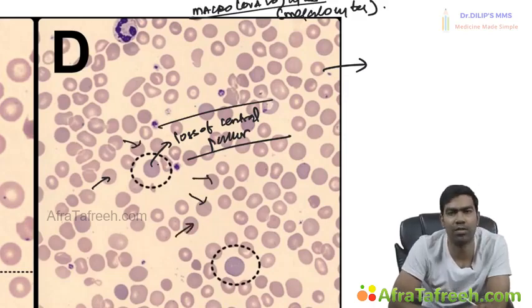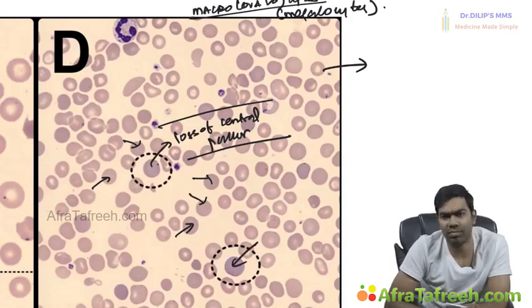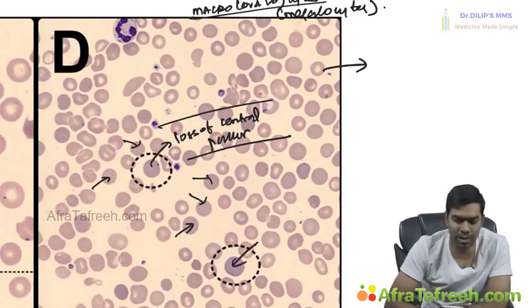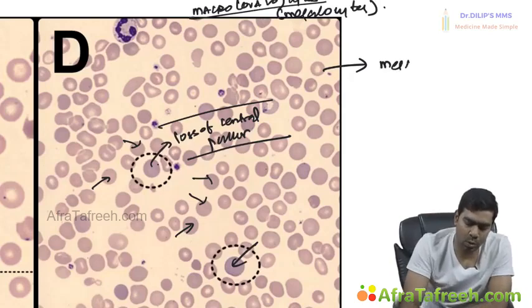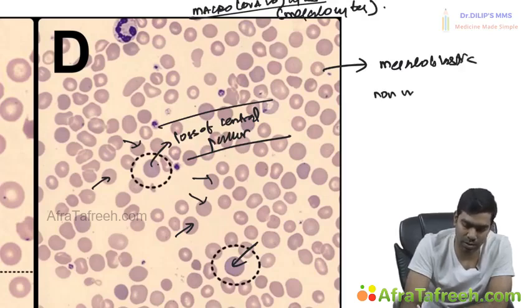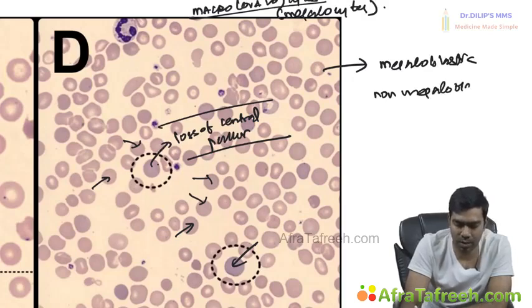These are all examples of a macrocyte, and they will be more hyperchromic compared to the usual RBCs. Typically, you can have two types of macrocytosis. One is megaloblastic macrocytosis, and the second is non-megaloblastic macrocytosis. Non-megaloblastic macrocytosis we are going to discuss later in the subsequent topics.